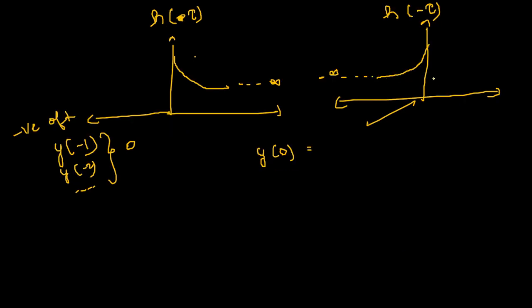So if we shift this towards the left more, we just get no common region, which is 0. At y of 0, we have a common region only at 0, so the value of tau is present at 0 only.